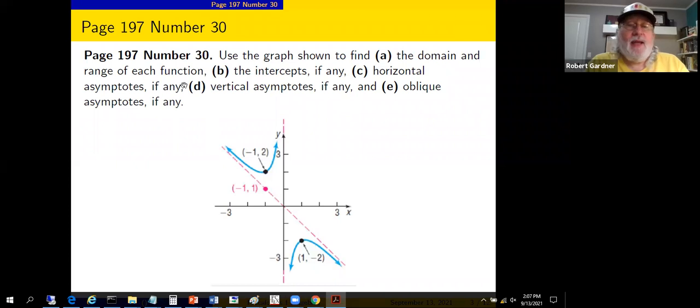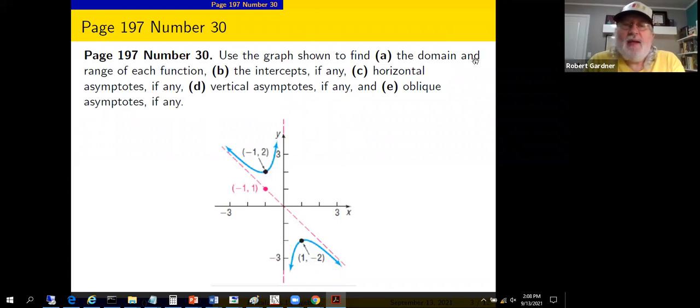Find the domain and range of the function. Okay, that's easy enough if we've got a graph. The intercepts, if any, easy enough if we've got the graph. Horizontal asymptotes, vertical asymptotes, and oblique asymptotes. Okay, we can get all that stuff from the graph. We'll probably bounce around a little bit in the next slide and come back and look at the picture.